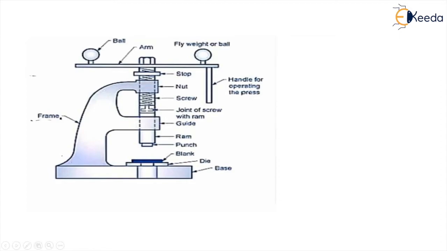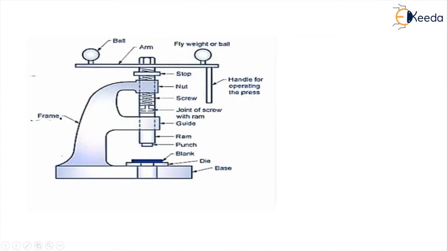The working details you can see in the diagram shown. This is the frame of the machine, a rigid C-shaped or F-shaped casting which is subjected to the severe thrust exerted by the ram.